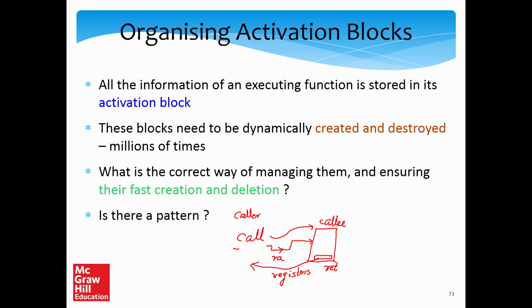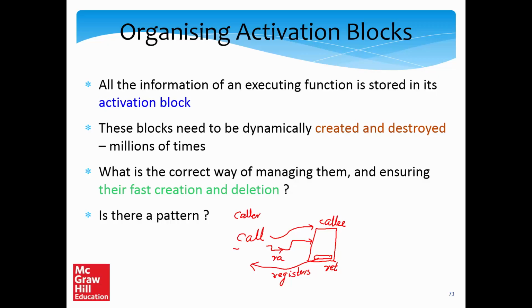So the question now is that all the information of an executing function that is stored in the activation block has to be created millions and millions of times during the execution of a program. The reason being that function calls are very common instructions, and even in 1 second, millions of times functions are called.